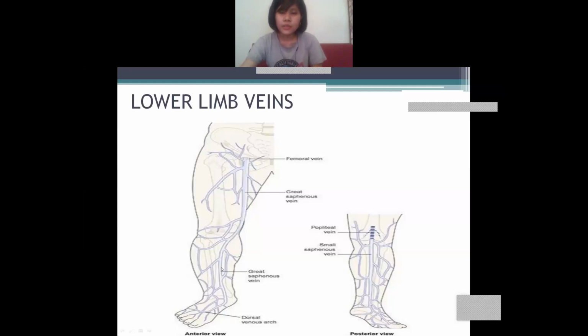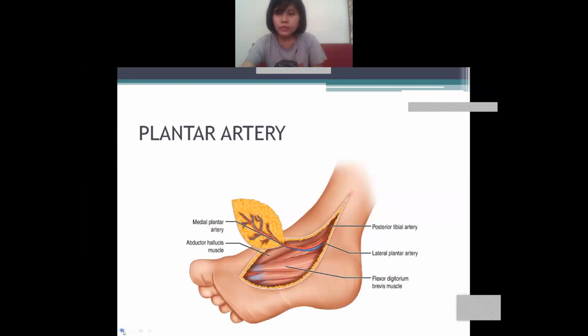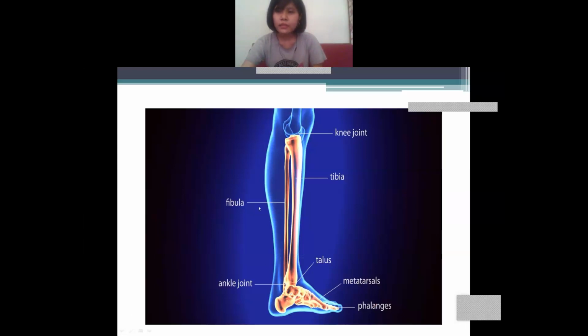They lie mostly here, on the tibial side. Let me show you. This is the tibia, the bigger one. This is the fibula, this is the tibia. So the great saphenous vein will lie on the tibia side portion. They will arise from here.